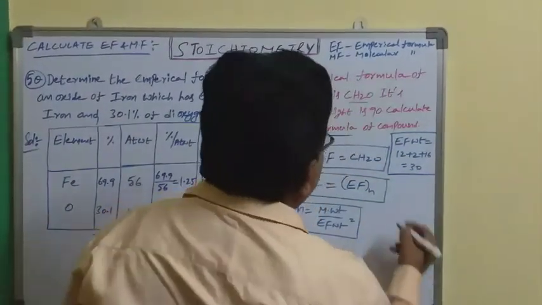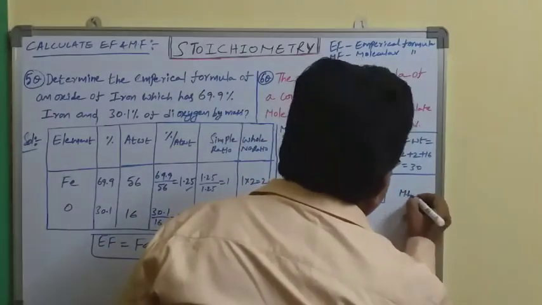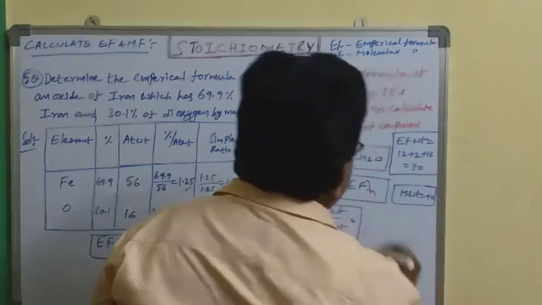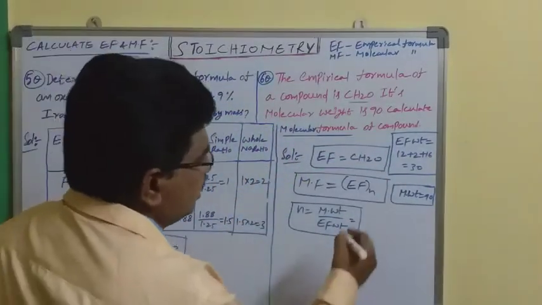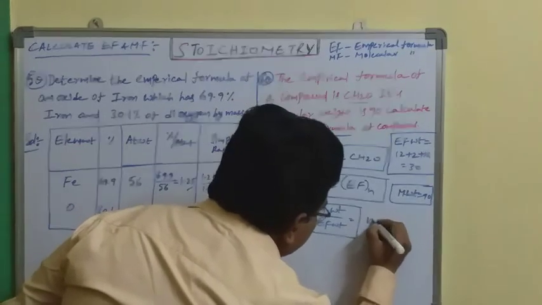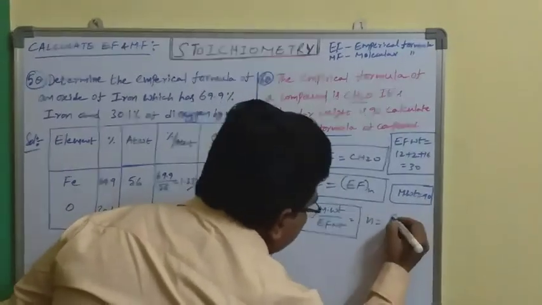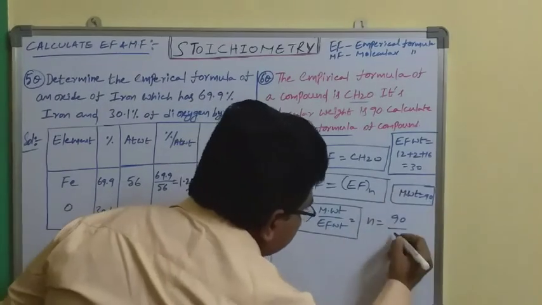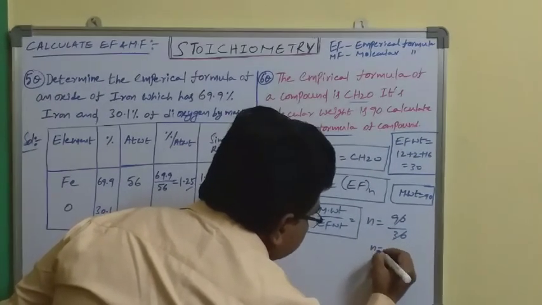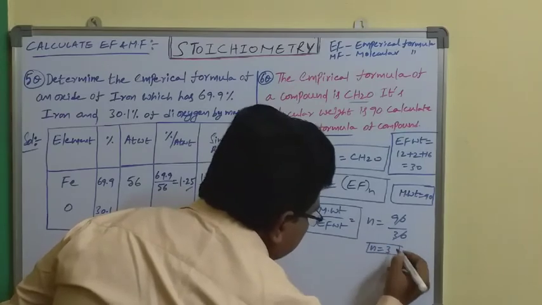They have given the molecular weight, 90. I am substituting the molecular weight to calculate the N value. N is equal to 90 divided by 30. 30 times 3 is 90. N is equal to 3.